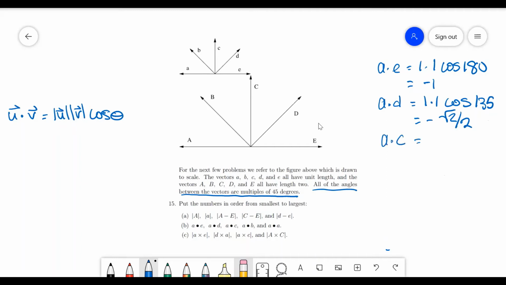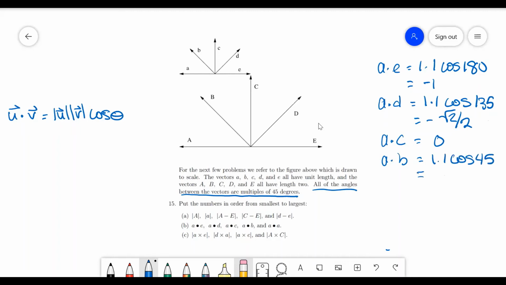A dot C. This one's actually pretty easy because the dot product of two vectors that are perpendicular to each other is always equal to 0. So since A and C are perpendicular, that's just 0. And then A dot B is 1 times 1 times cosine of 45.